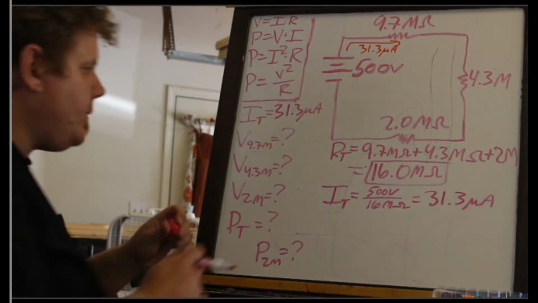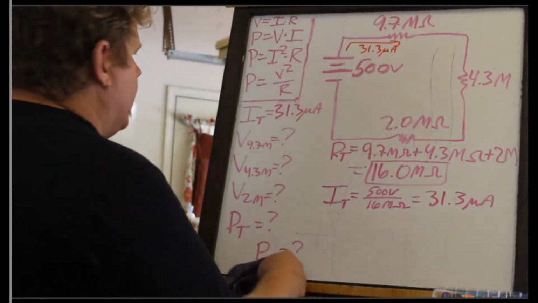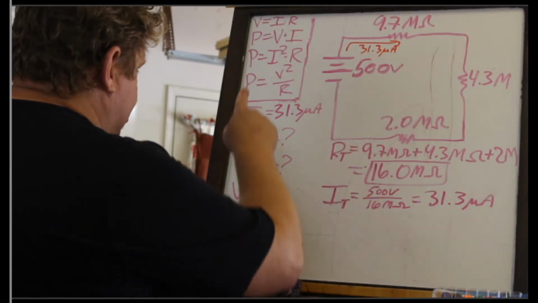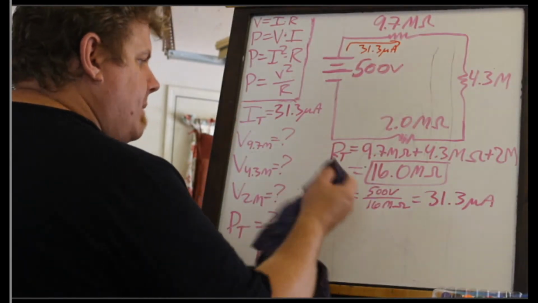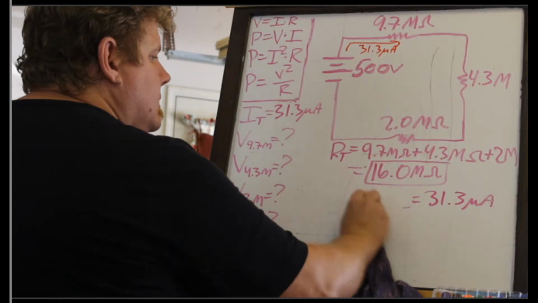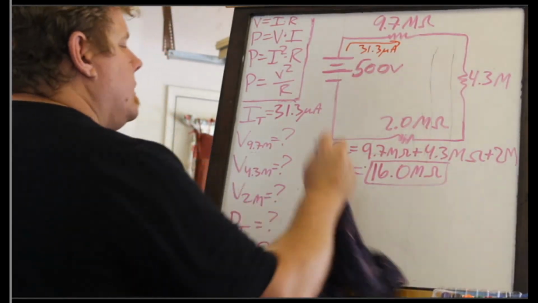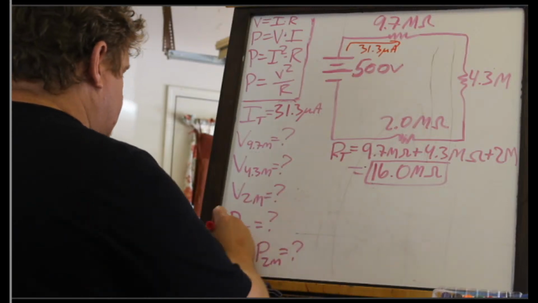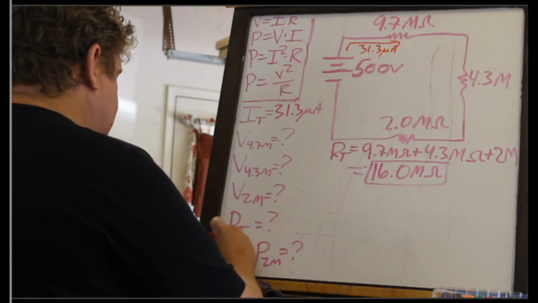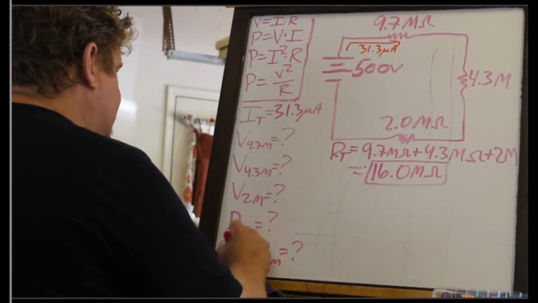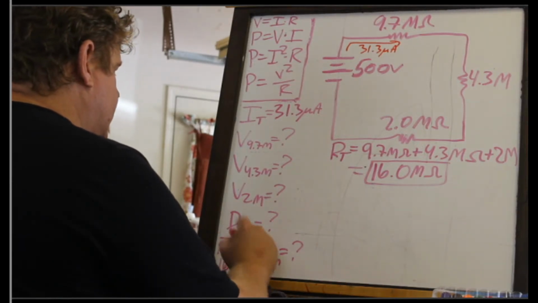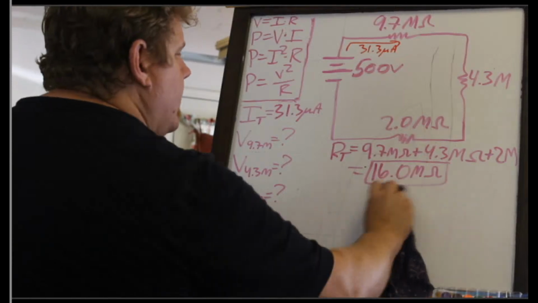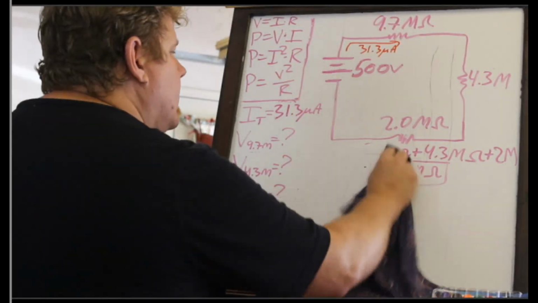Okay, so I've got a few more calculations coming in. So that's all I found so far. I'm going to go ahead and erase this. And I'm going to write RT just over here in the corner so I can erase this and have the board space back. So this is total resistance of 16 megaohms.